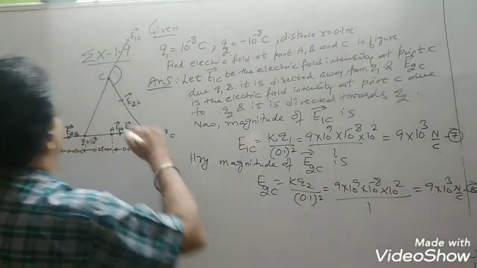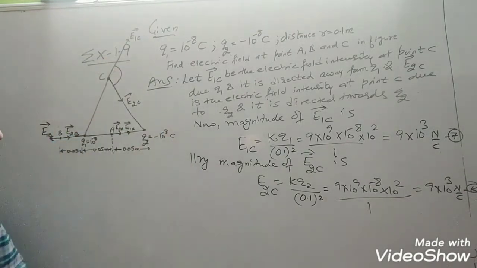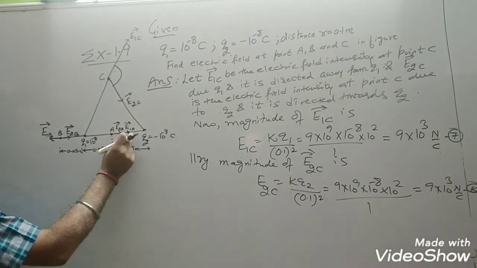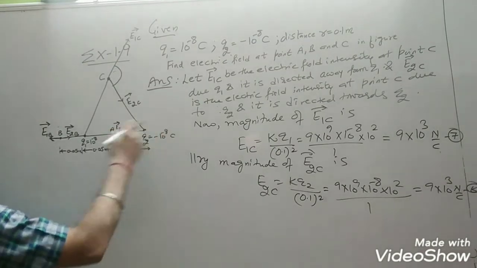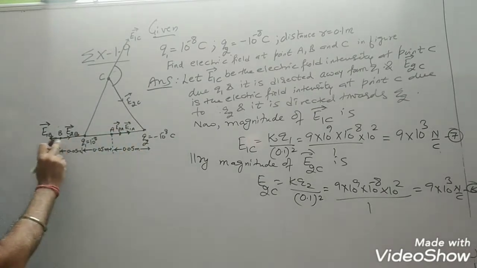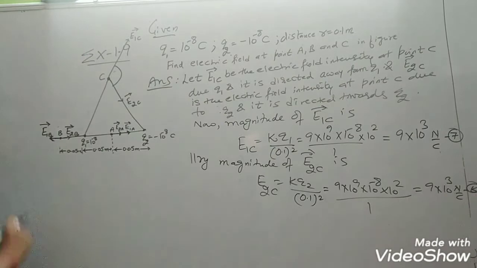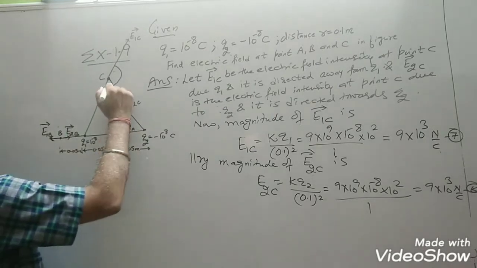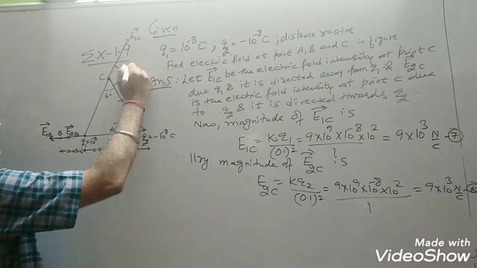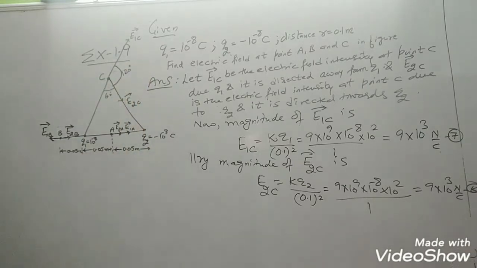Now you say the direction is different. Here both the directions were in the same direction, towards Q2, so we have added it. Here both the fields were in the opposite direction, so we have subtracted it. But here both the fields make an angle. Now if it is an equilateral triangle, we know this angle is 60, so this remaining portion or exterior will be 120 degree.